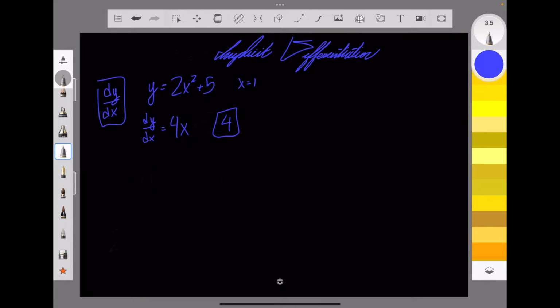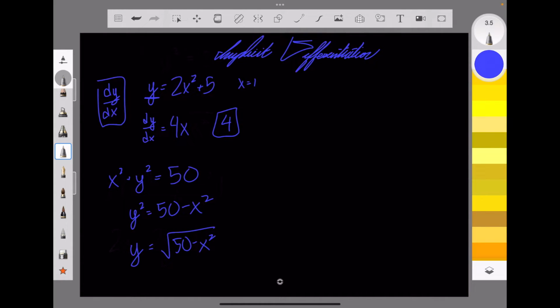Nice and simple. But what happens when y isn't isolated nice and pretty on the left side of our equation like this? What if y is stuck inside? For example, what if our function looks like this? Well, we can try the same approach. We can isolate by solving for y first, and I can do that by moving x squared to the right side and then taking the square root of everything, and that gives us all of this.